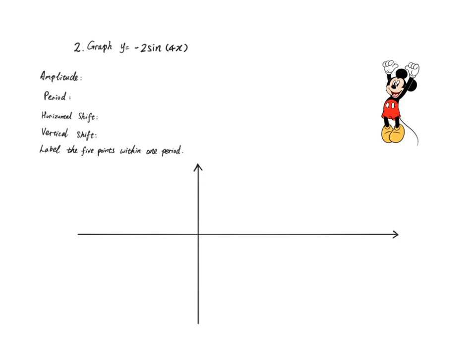Let's compare the second example to the first example. The only difference is the negative sign here, right? So do you guys remember what the negative sign represents? The negative sign, let's just review here.